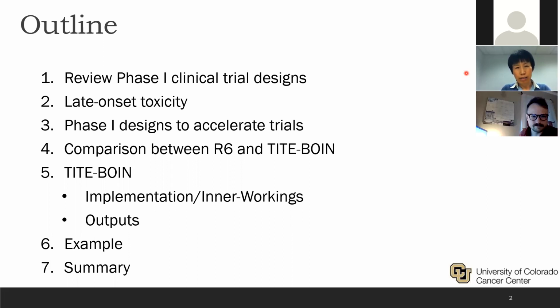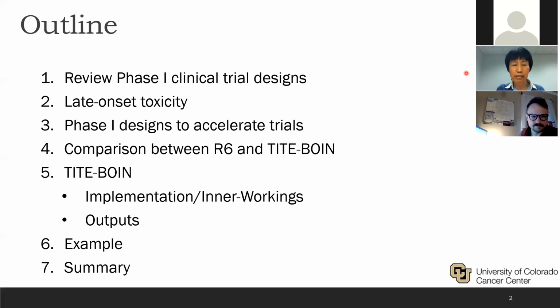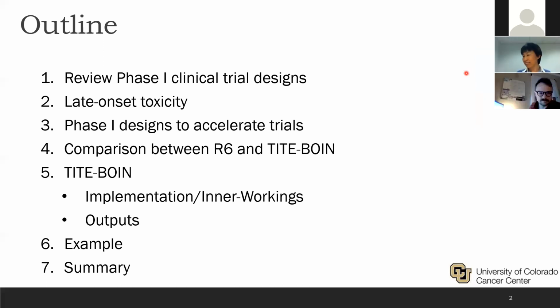Both are phase 1 designs that can accommodate late onset toxicity. I will then focus on the time-to-event BOIN design in terms of implementation and outputs. Then I will run through an example using the design, and I will conclude today's lecture with a summary.